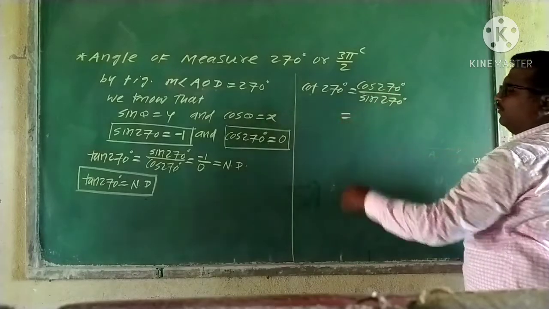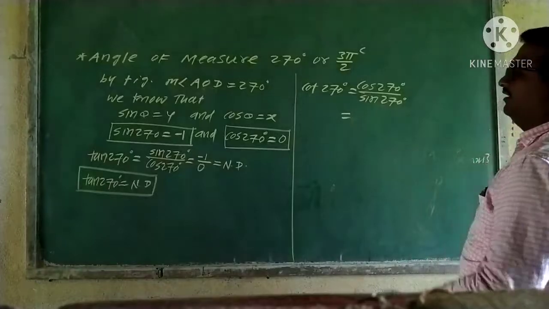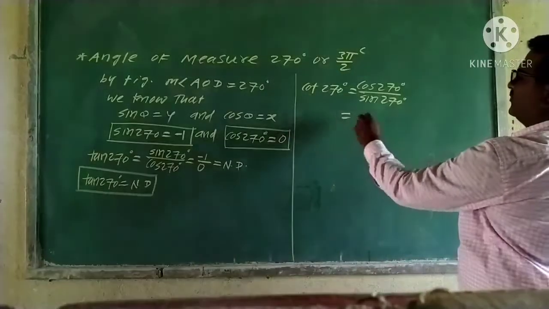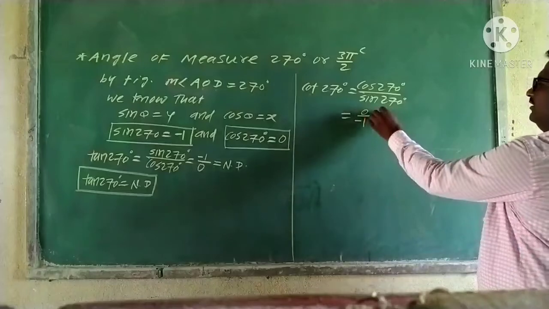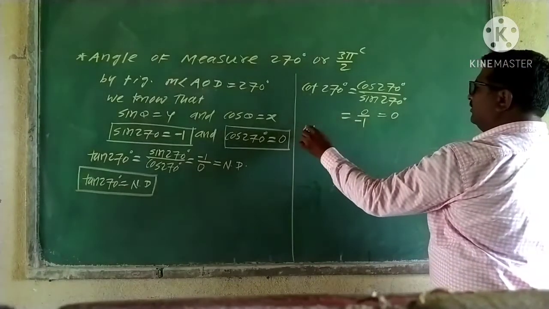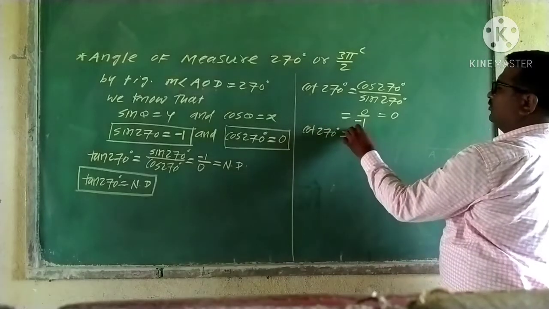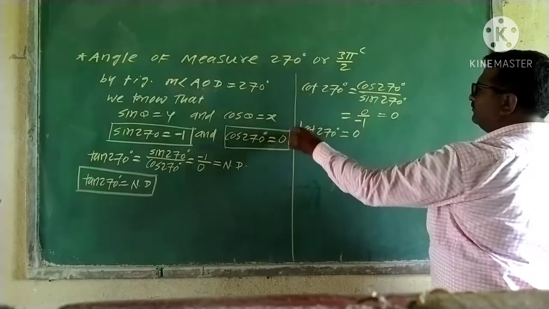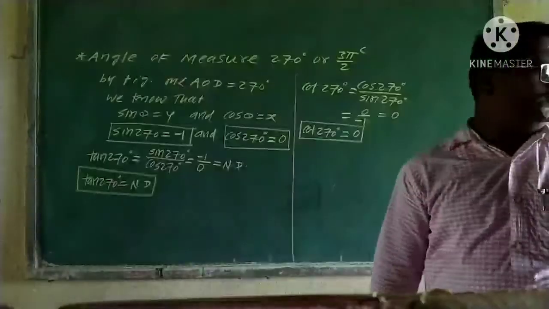Putting in the values, sin of 270 degree is -1 and cos of 270 degree is 0. So 0 divided by -1 equals 0. So cot of 270 degree equals 0.